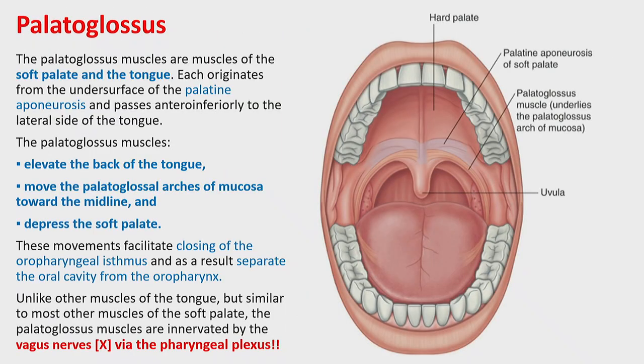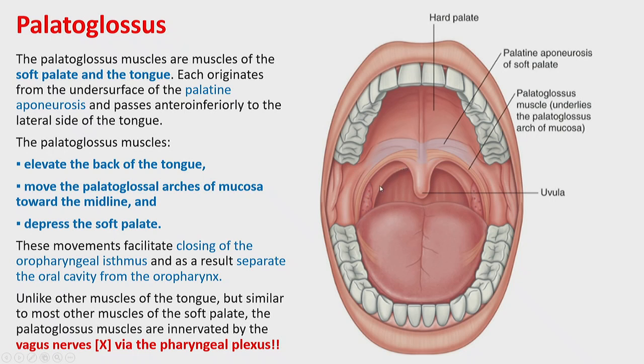And the palatoglossus, which we already discussed, is a muscle of the soft palate. We said it makes the anterior and lateral arch, which is called the palatoglossal arch, and it makes the anterior border for the tonsillar region, for the palatine tonsil.